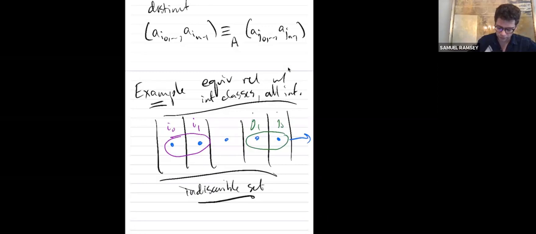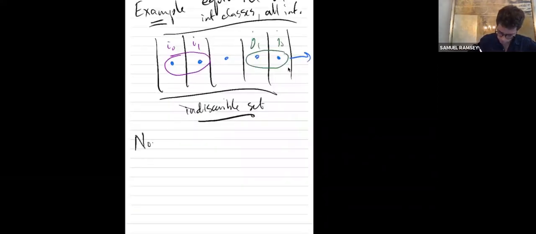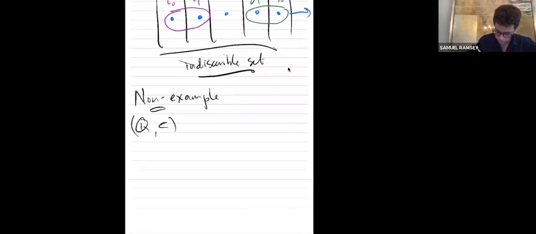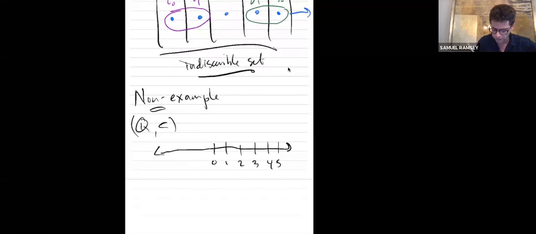Now let's do a non-example. So let's just look at the theory of dense linear order, looking at the rational numbers. Now, sitting inside of the rational numbers, I can just take the natural numbers themselves. So I've got 0, 1, 2, 3, 4, 5. And the natural numbers sitting inside of the rational numbers are an indiscernible sequence.